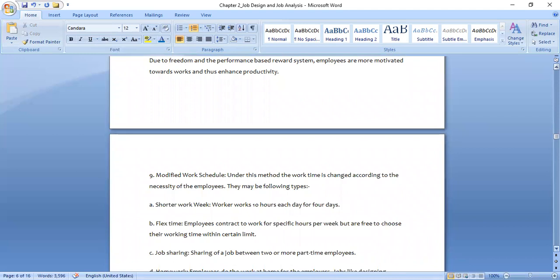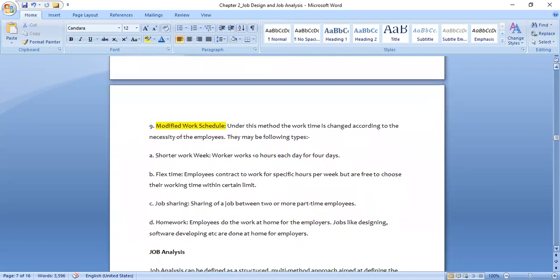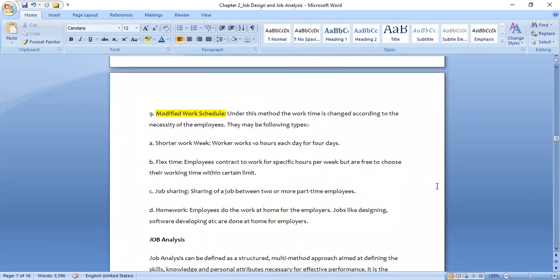Then let's look at another approach of job design, which is modified work schedule. To be precise, with the modified work schedule, under this method, employees are given a level of independence to choose to schedule for themselves when they are able to do the work.